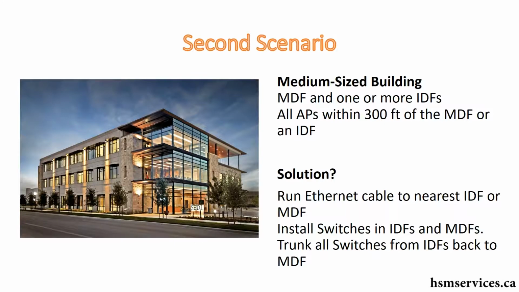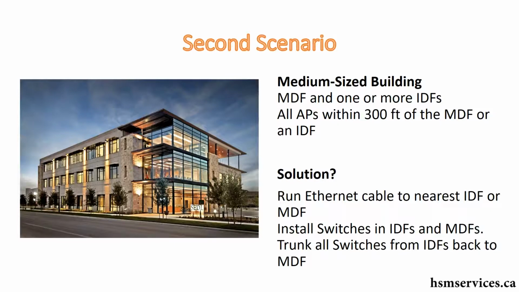Again, you run your Ethernet cable to the nearest IDF or MDF, assuming all the access points are within 300 feet. And then we install switches in the IDFs and the MDFs, and we trunk all the switches back from the IDFs to the MDF.